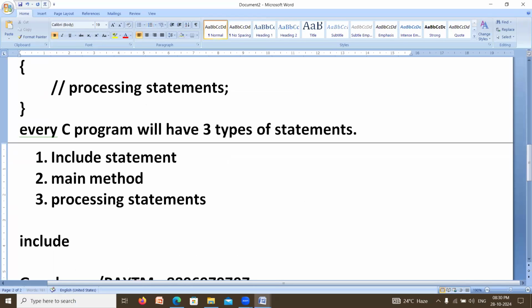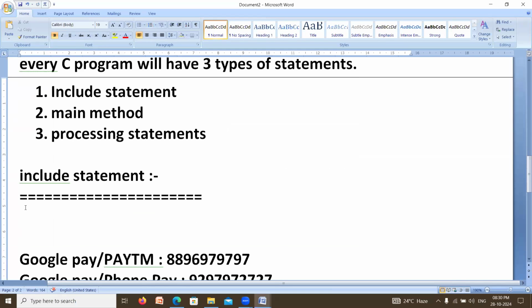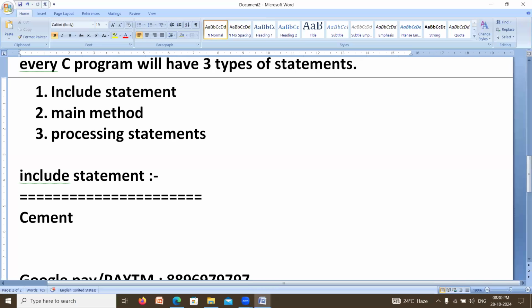First of all, what is the include statement? My dear friends, I want to construct a house. To construct a house, what tools do we require? We require cement. We require iron.